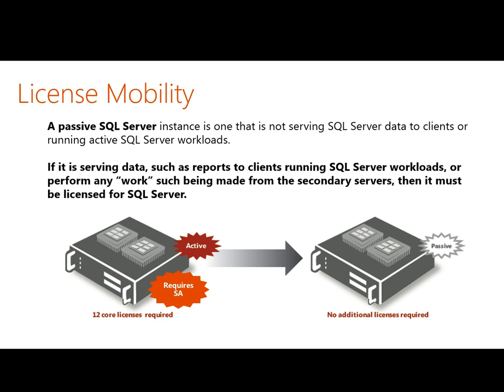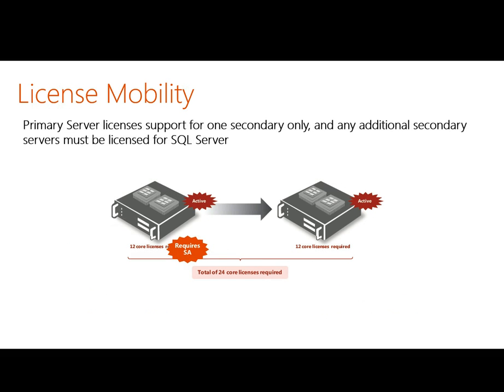If it's serving data such as reports to clients, running SQL Server workloads, or performing any tasks or work such as backups made from a secondary server, then it must be licensed for SQL Server. And the primary server's licenses support one secondary only. So this is the same scenario as earlier.